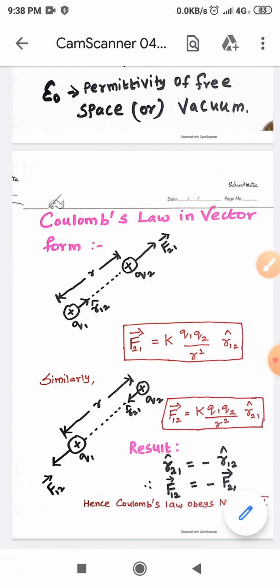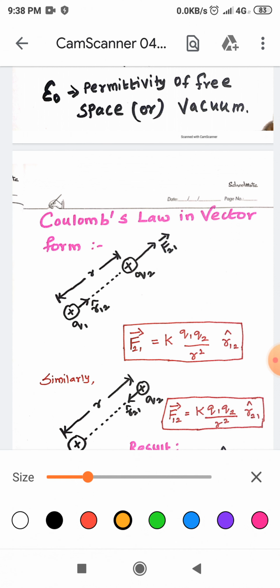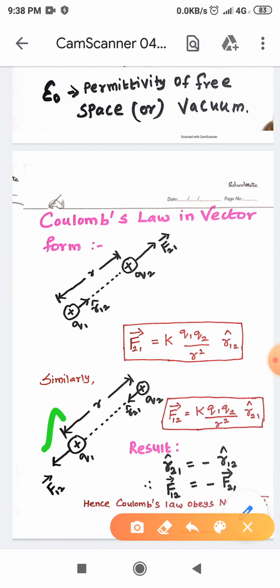Similarly, how much force will be experienced by the charge q1 due to the charge q2? As we calculated earlier, we can formulate the formula here.